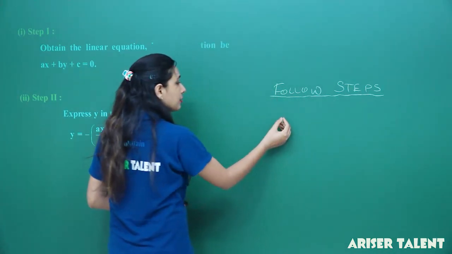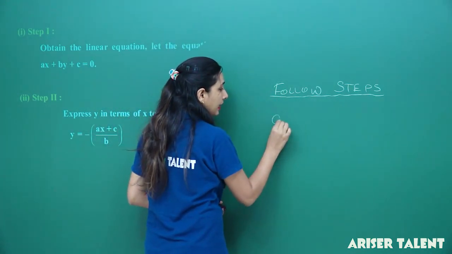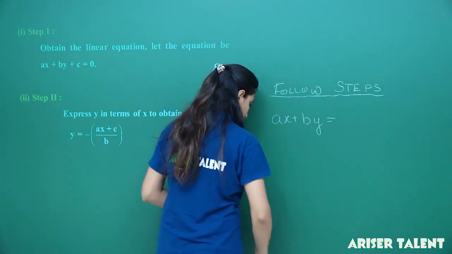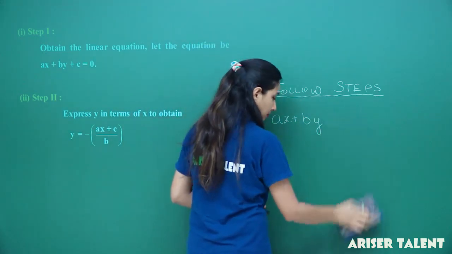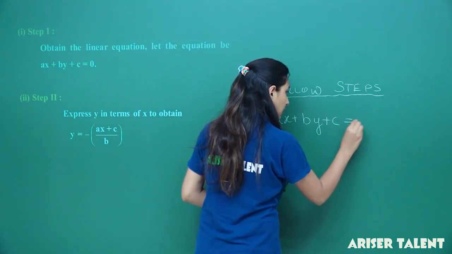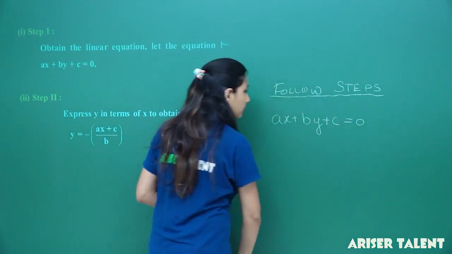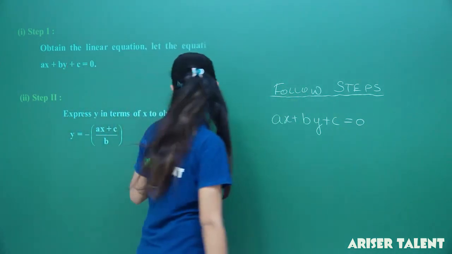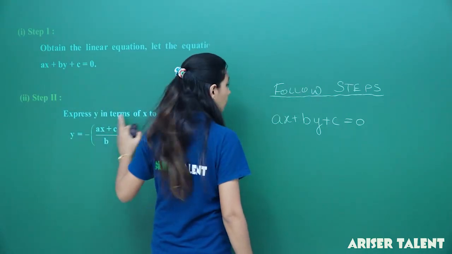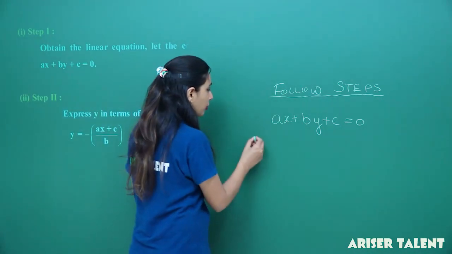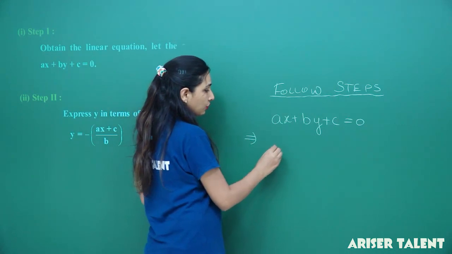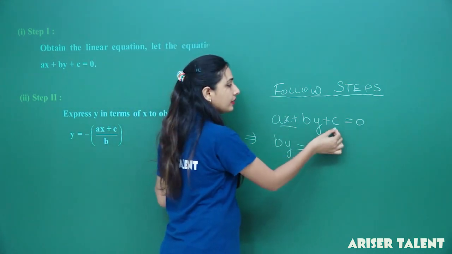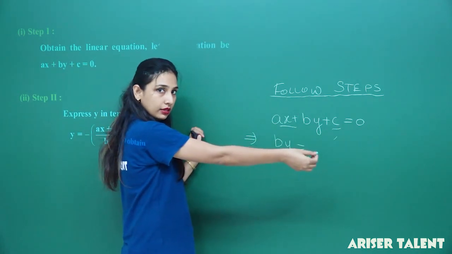What does that mean? Let's suppose here, ax plus by plus c equals to 0, right students? So I am saying you have to find the value of y. To obtain the value of y from here, I'll keep by here and I'll transpose the other terms.